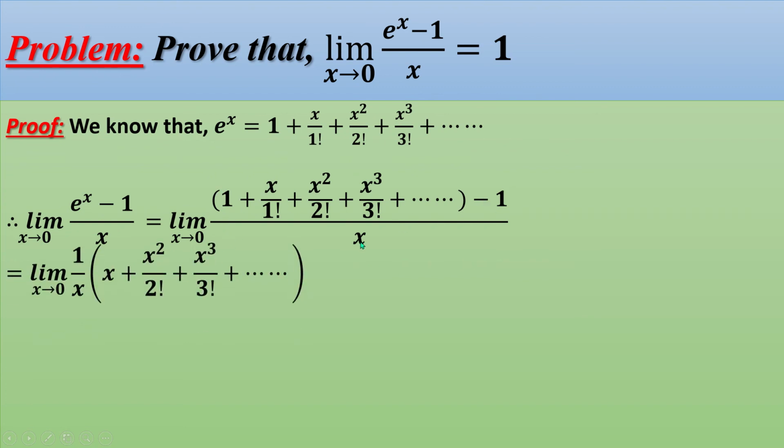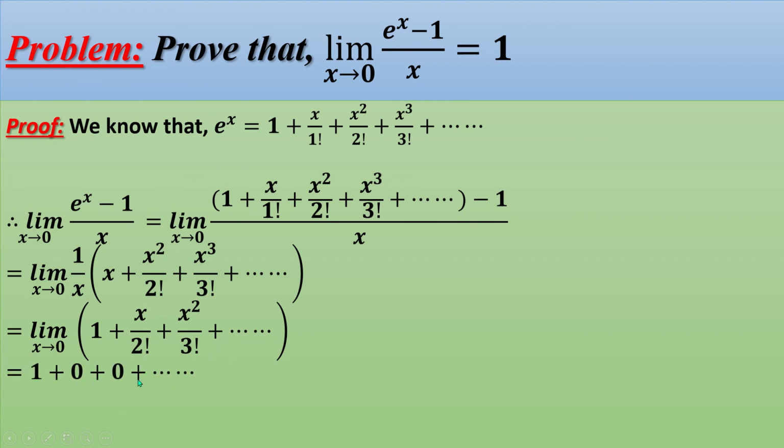Therefore x means 1 divided by x, the remaining part. Now x cancels and we get 1 plus x by 2 factorial, x square by 3 factorial. Now putting the value of x, we get 1 plus 0 plus 0 plus dot dot dot. That means this equals 1.